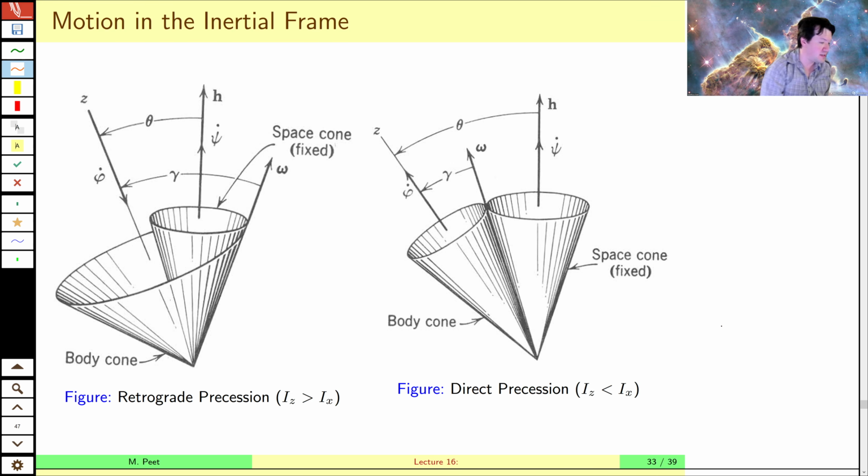And yes, again, here's the oblate case. In this case, you rotate the first Euler angle, and you also rotate the third Euler angle in the same direction in order to get that match. Actually, I think these are backwards.